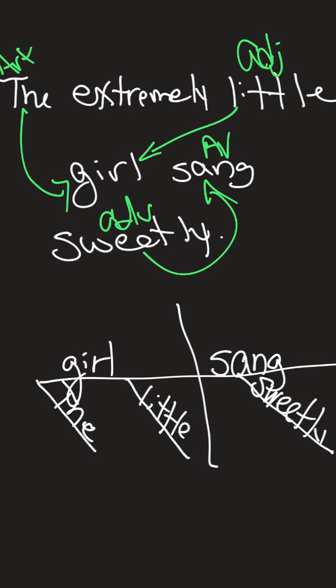And then the words that describe the subject go underneath the subject, in the order they occur in the sentence. The words that describe the verb, and there's only one, go under the verb. And notice the direction the lines are pointing. Well, extremely, we know, is the adverb that tells us how little the girl is. So draw a line from extremely to little. When you have an adverb that describes an adjective, the adverb doesn't go under the verb because it doesn't describe the verb.